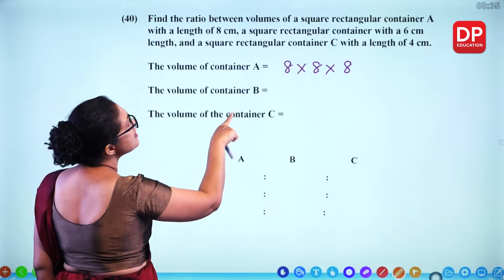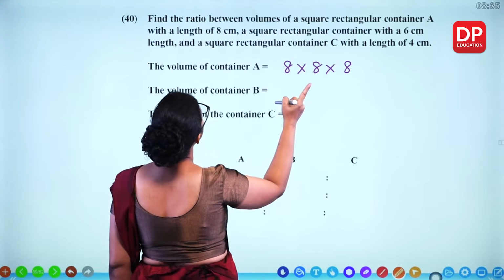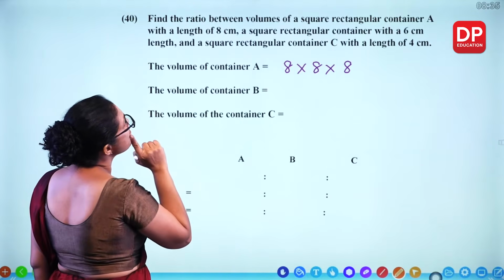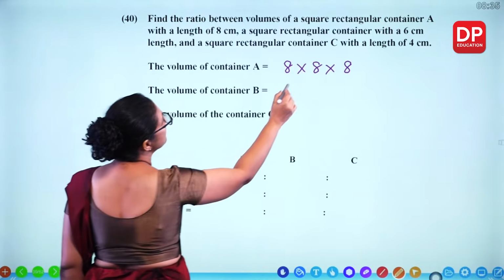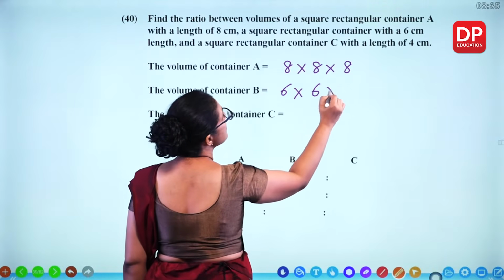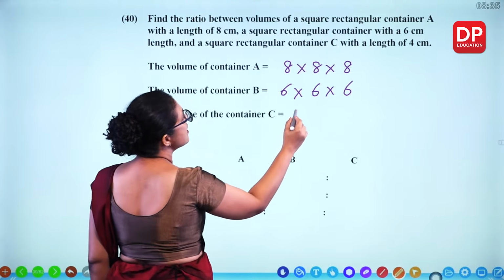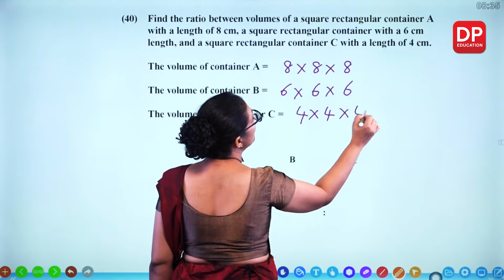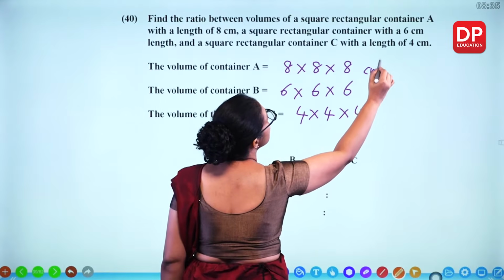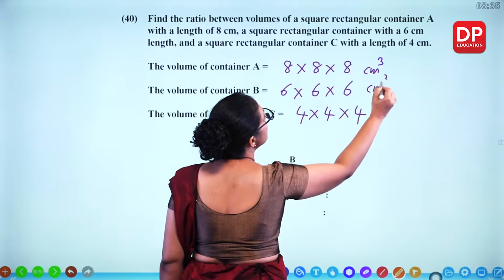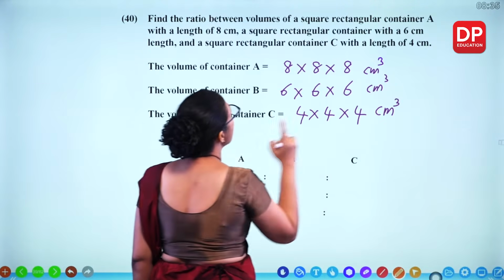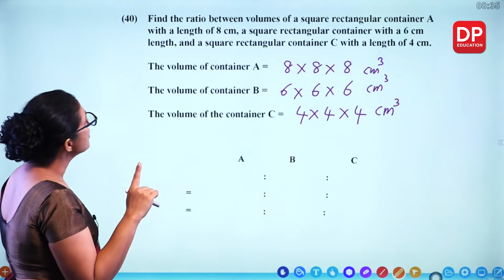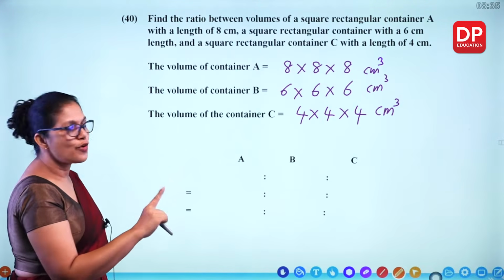Volume of B container, that's 6 times 6 times 6. This one is 4 times 4 times 4. All these in cubic centimeters.